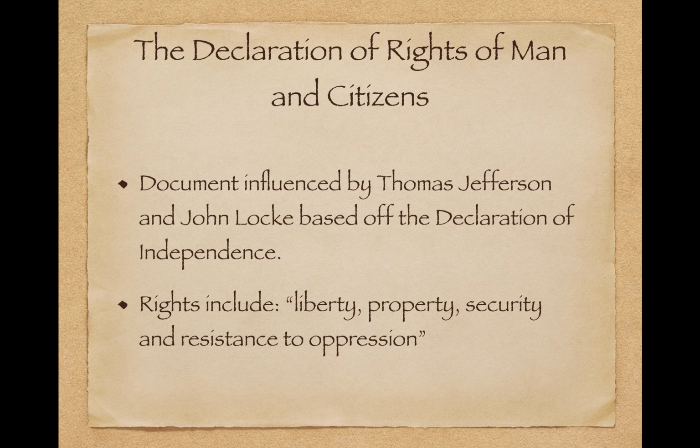They look at Jefferson, they look at Locke, and their influence, and they create this document. And some of these rights include liberty, property, security, and the resistance to oppression, meaning if a ruler is oppressing them or treating them badly, then they have the right to overthrow that ruler. Okay? Once again, that's a huge, huge idea that John Locke and Jefferson have.